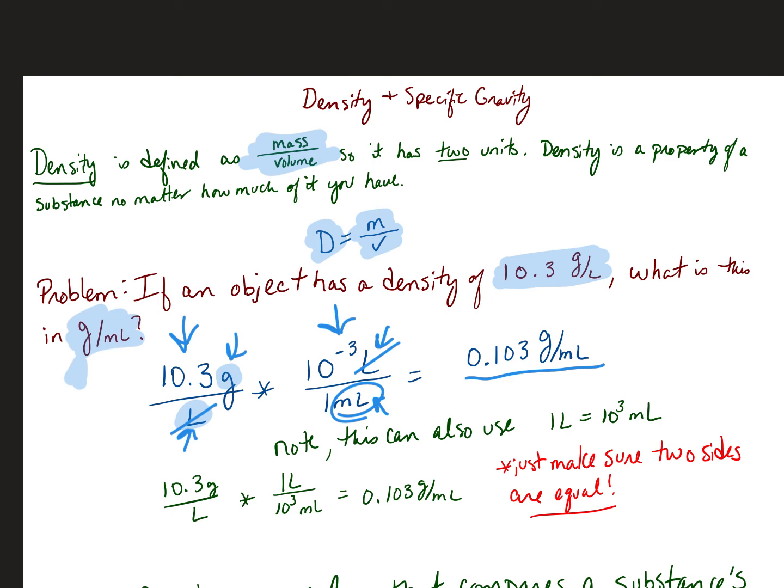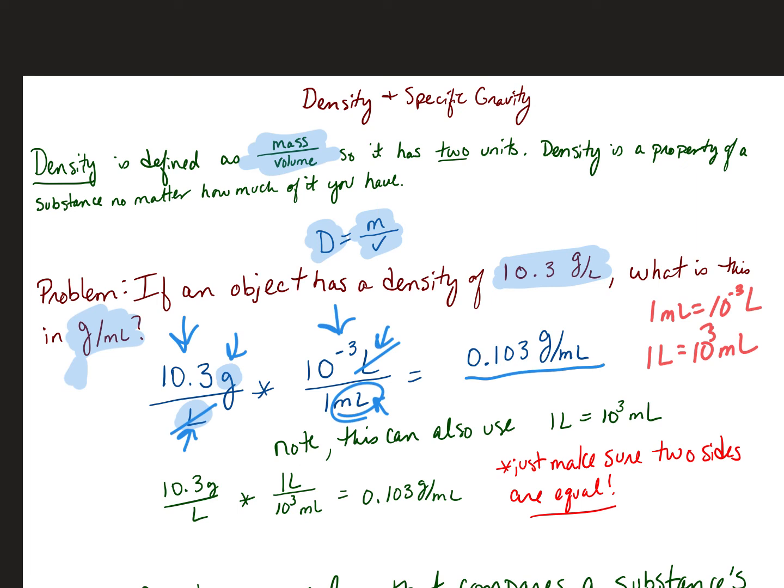Now, I'm doing this with a conversion factor where 1 milliliter is equal to 10 to the minus 3 liters. And I think that's how I gave it to you in previous notes. However, there are many ways to write these conversion factors. We could have instead said that 1 liter is equal to 10 to the third milliliters.